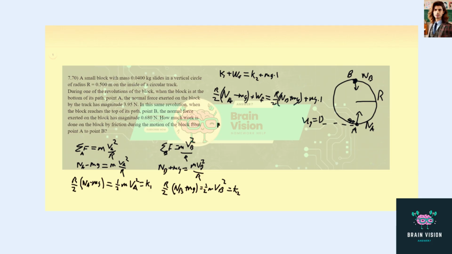We have work due to friction is equal to mg. And then we have this quantity minus that quantity. So we have plus r over 2 times Nb minus Na, and then plus 2 mg.